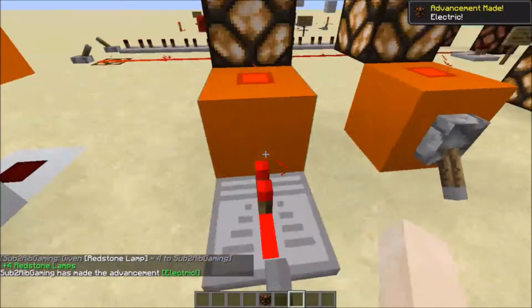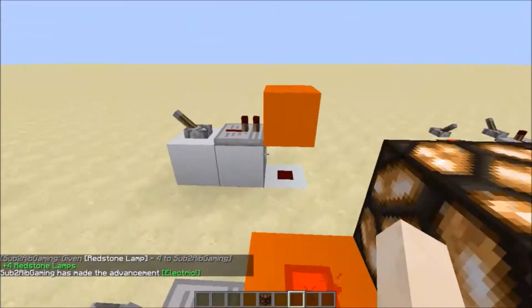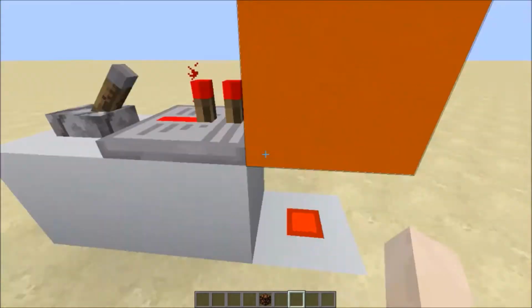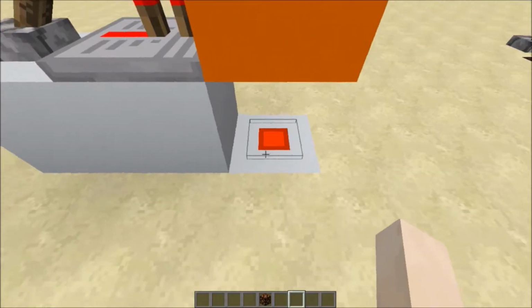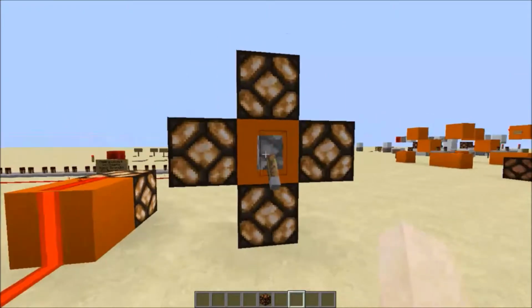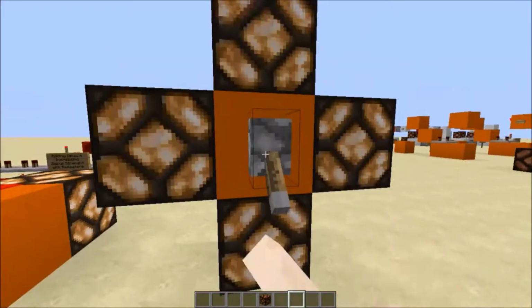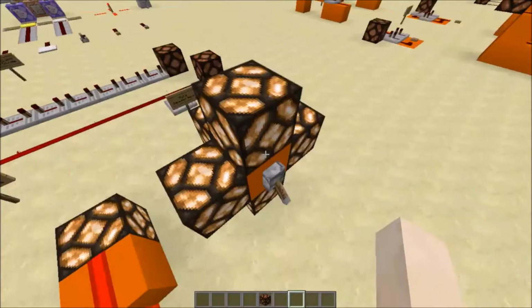Pretty cool. Next thing, you can do the same thing with repeaters. So you can hard power this block, and similar to this, you can hard power this block, which in turn will power this redstone dust. So whenever you power a block right over here, it will power all the 6 blocks next to each of its 6 sides.